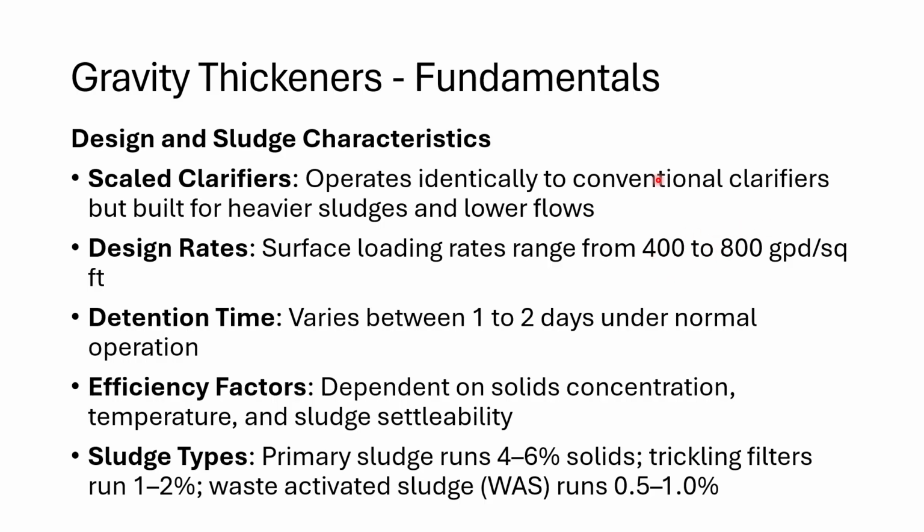Your surface loading rate: the volume coming in, the volume flow rate, divided by the cross-sectional area, that circular area, the top area of a thickener, that's your surface loading rate. The surface loading rate that you want to use in one of these sludge thickeners or gravity thickeners is 400 to 800 gallons per day per square foot.